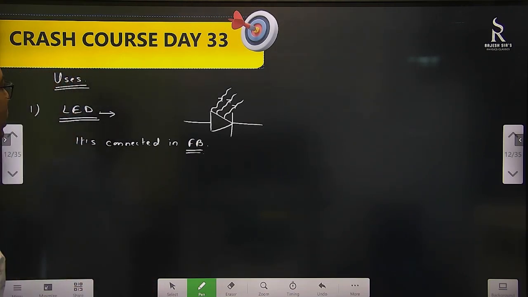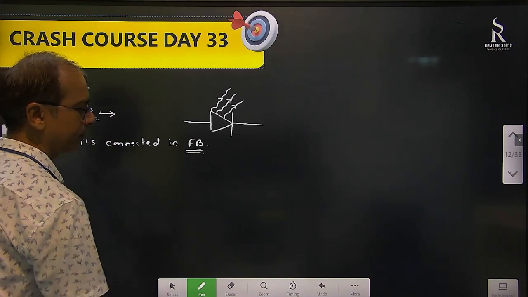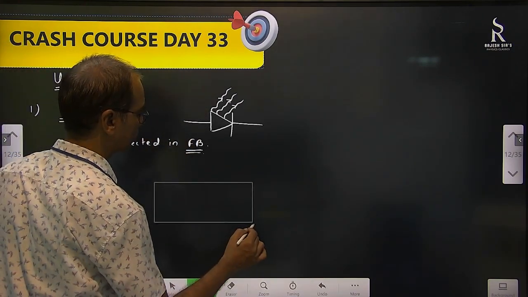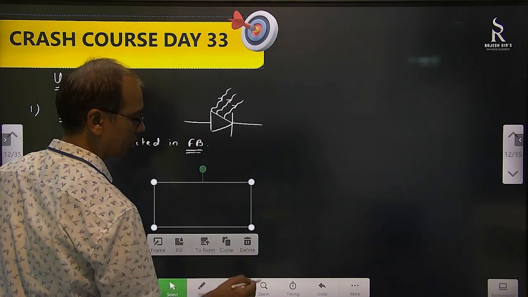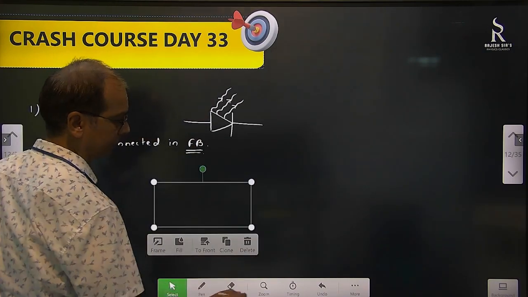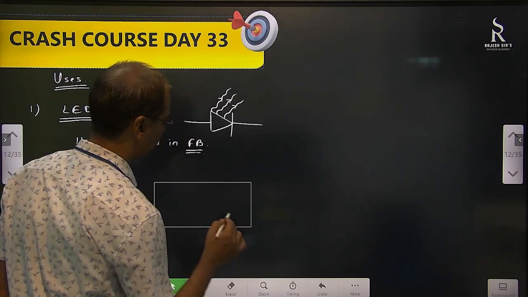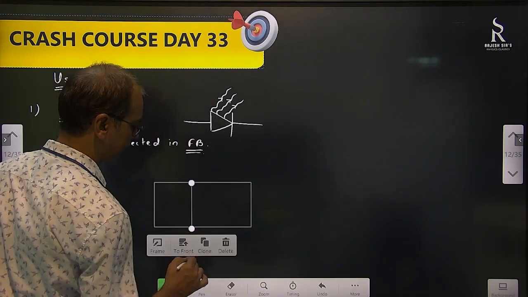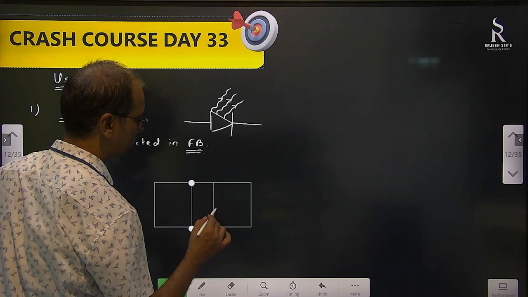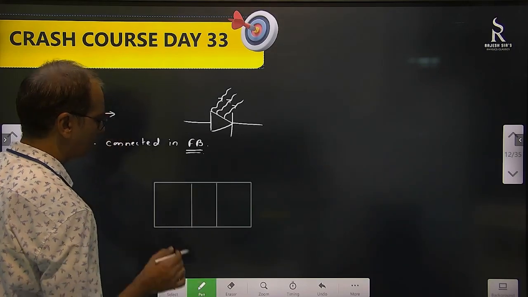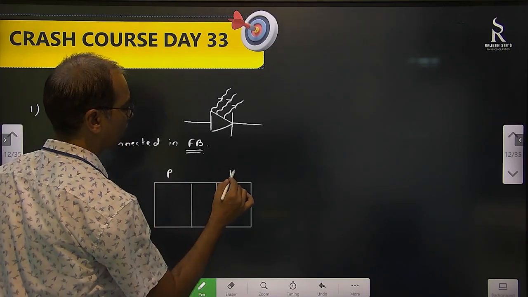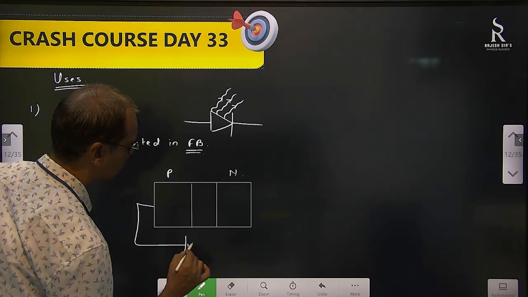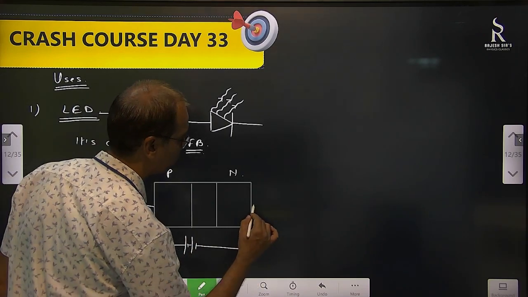When you're connecting it in forward bias, this is our depletion layer. This is P, this is N, connected with the forward bias. That means what do we want, diffusion to happen, yes or no?